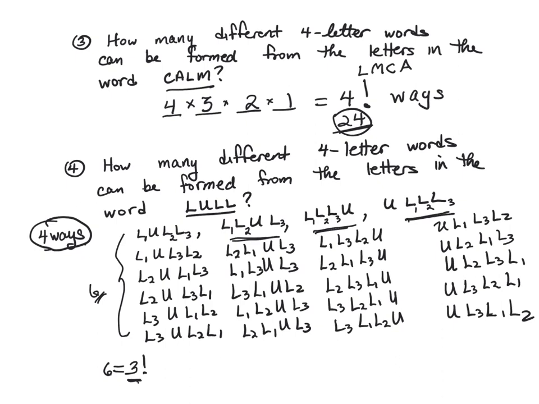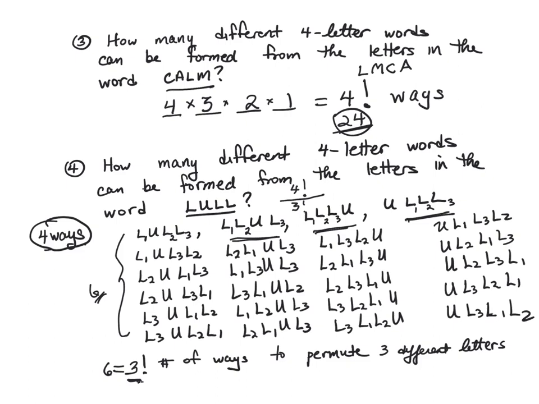So that 3 factorial represented the number of ways to permute 3 different letters. And in this case, it was the L's. So to get the answer to the problem using factorial, we would pretend that LULL was a 4-letter word with different letters, so there are 4 factorial ways, but we would have to divide it by the number of ways to permute the repeating letters if they were different, and that would be 3 factorial.